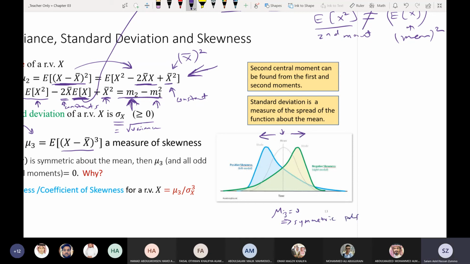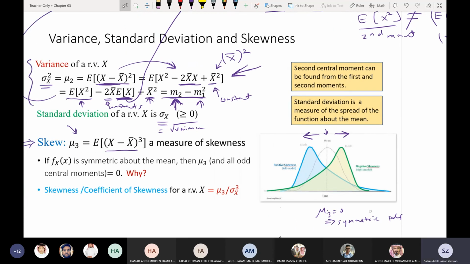So it's not skewed, it's symmetric. It's not skewed to the right or to the left. If we have skewness to the left, we have positive, mu3 is larger than 0. When it is skewed to the right, mu3 is less than 0. When you have mu3 equals 0, it means it's a symmetric PDF.